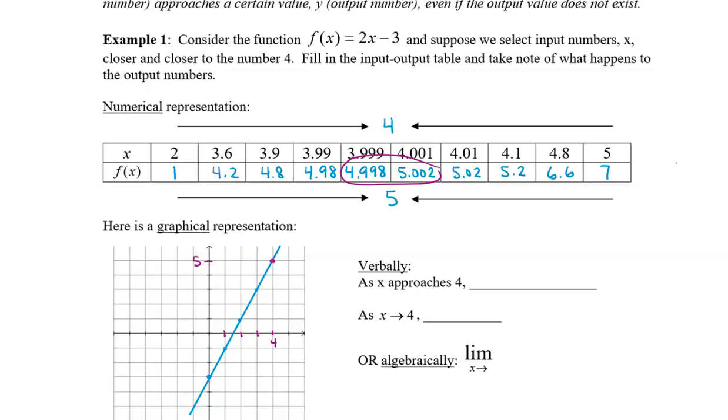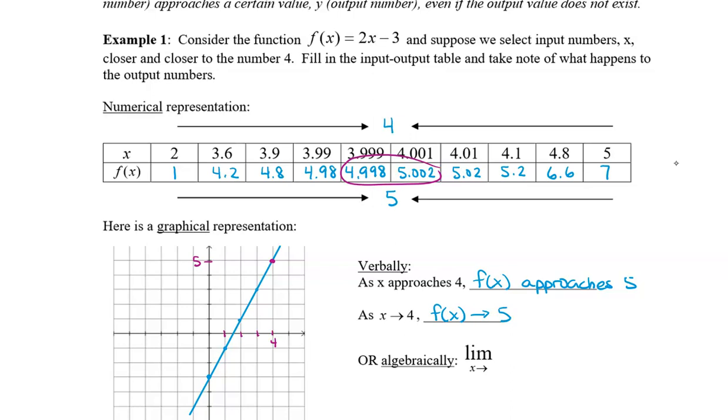Now, verbally, how we say this is, as x approaches 4, f of x approaches 5. Or we can go as x with an arrow approaches 4, f of x with an arrow approaches 5.